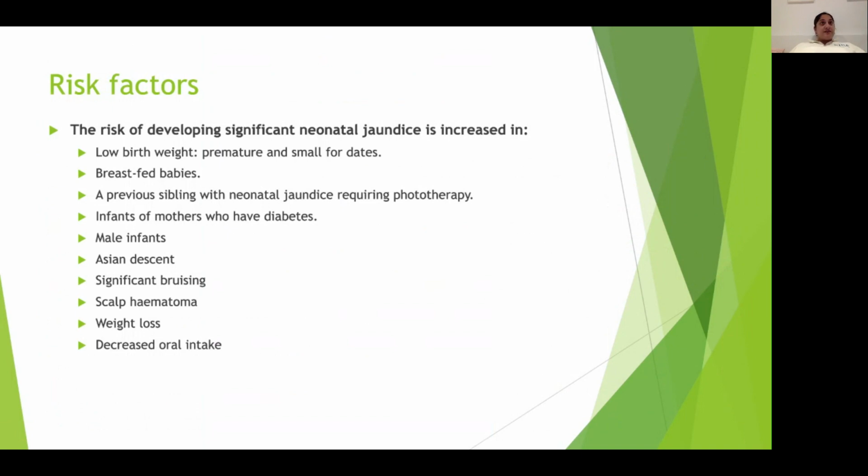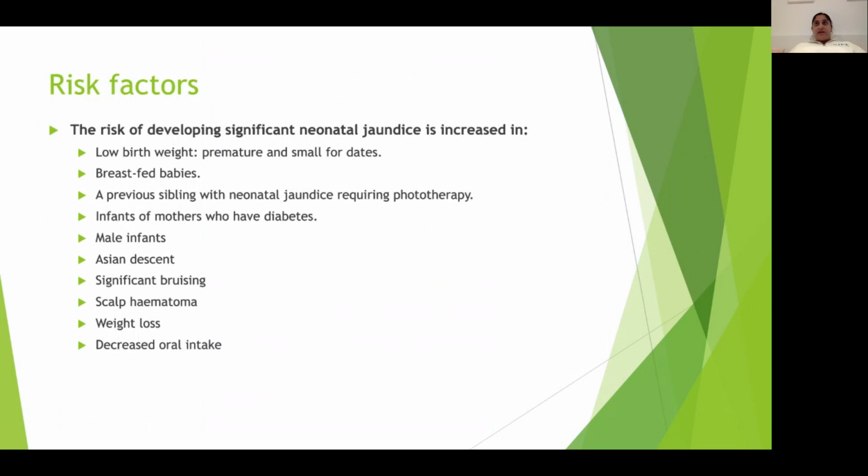Babies whose mothers have gestational diabetes or type 2 diabetes prior to being pregnant are also at a higher risk of developing jaundice. Males, those of Asian descent, those that have had significant bruising, like I mentioned before, like a scalp hematoma, and those with significant weight loss and decreased oral intake.